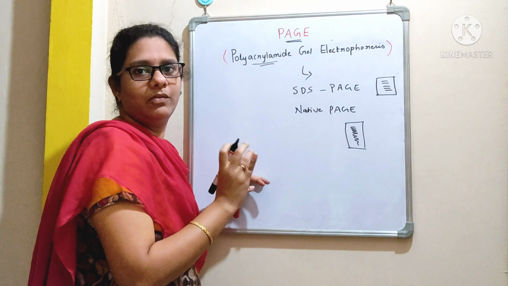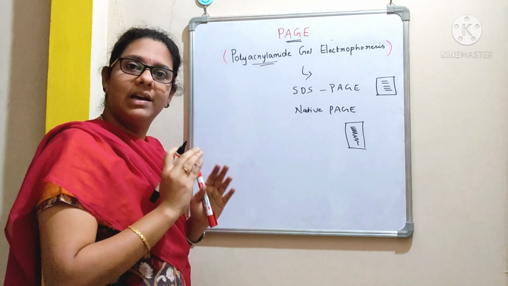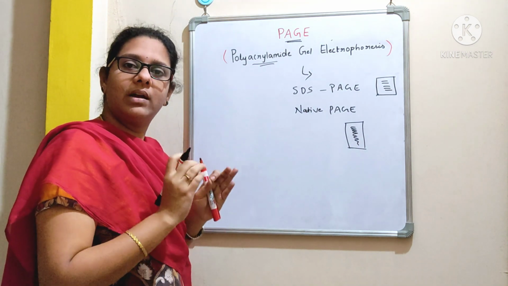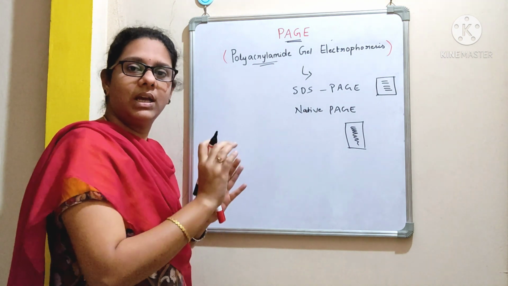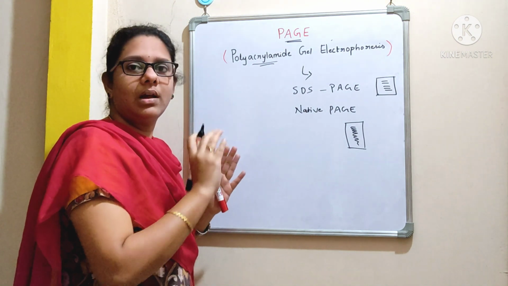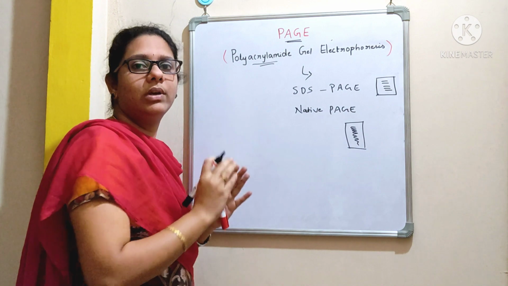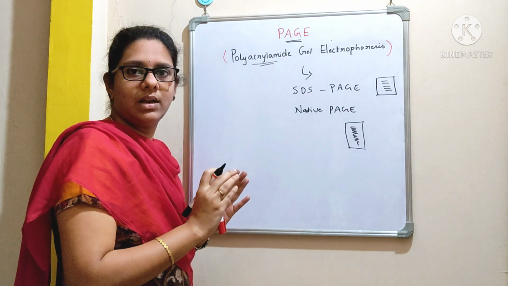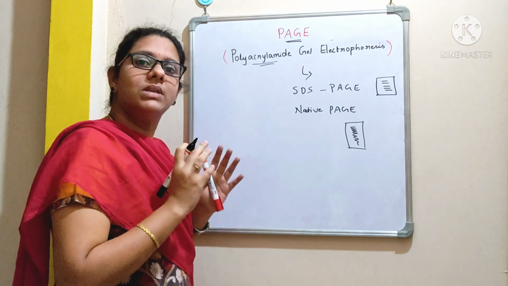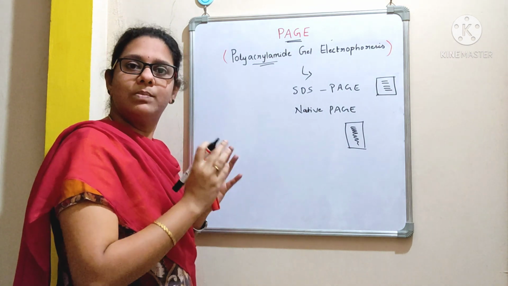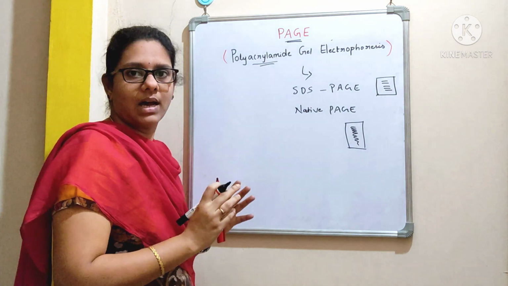Hope you are clear that the principle of electrophoresis is the same for any technique, whether it is agarose gel electrophoresis, native PAGE or sodium dodecyl sulfate polyacrylamide gel electrophoresis, where you separate the biological macromolecules based on the size and the charge.